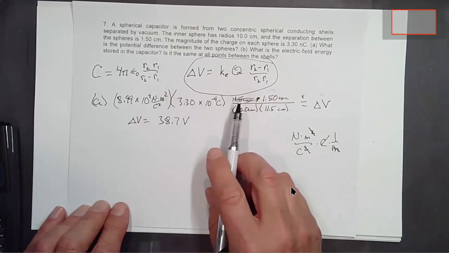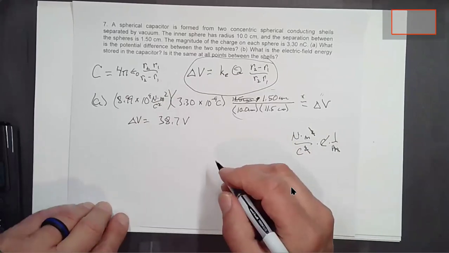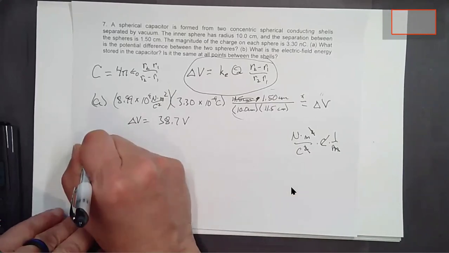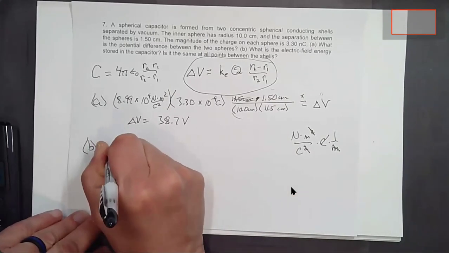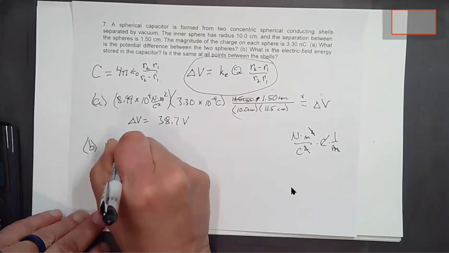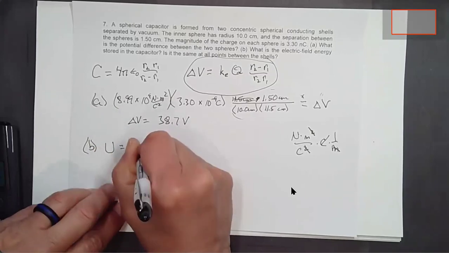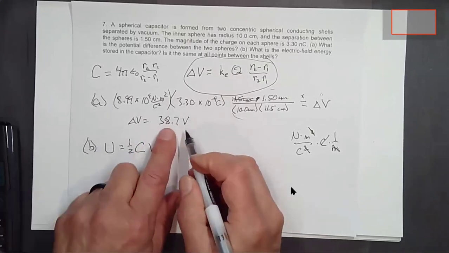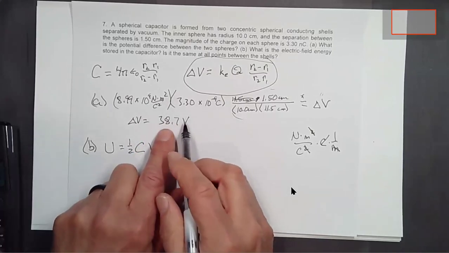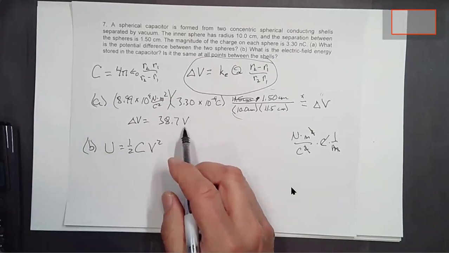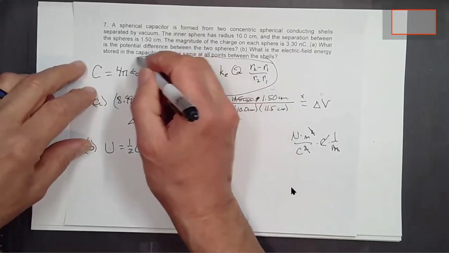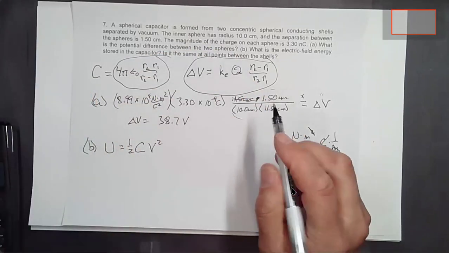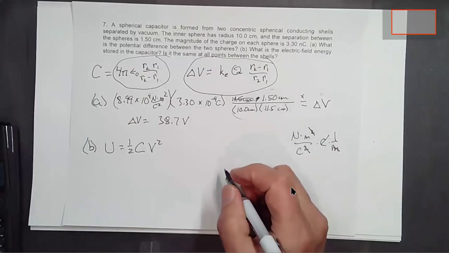And is it the same at all points between the spheres? Well, the electric field energy, U, is going to be 1/2 CV squared. I just figured out V, and it looks like I'm going to have to do a calculation here to get the capacitance.